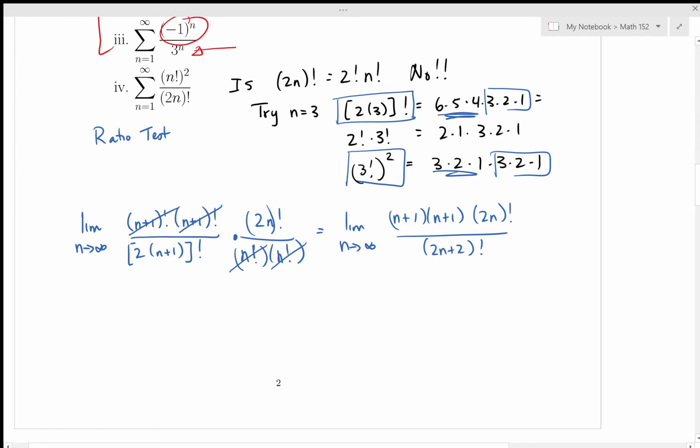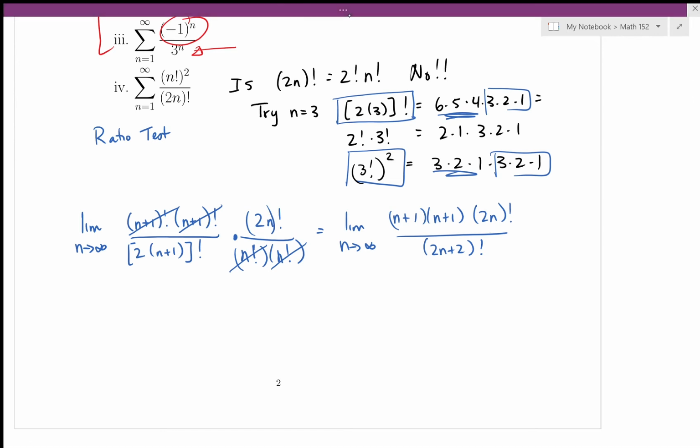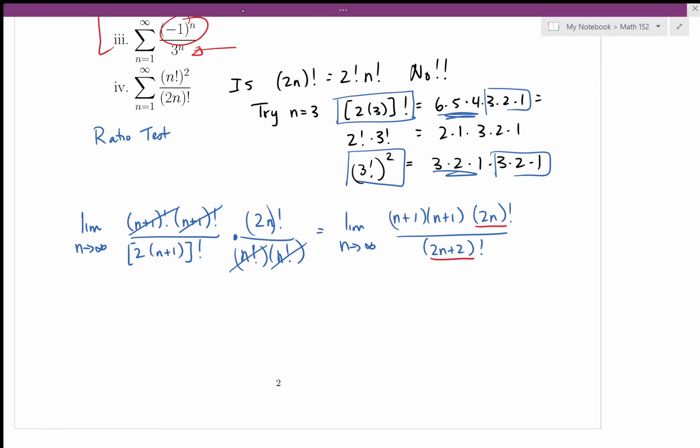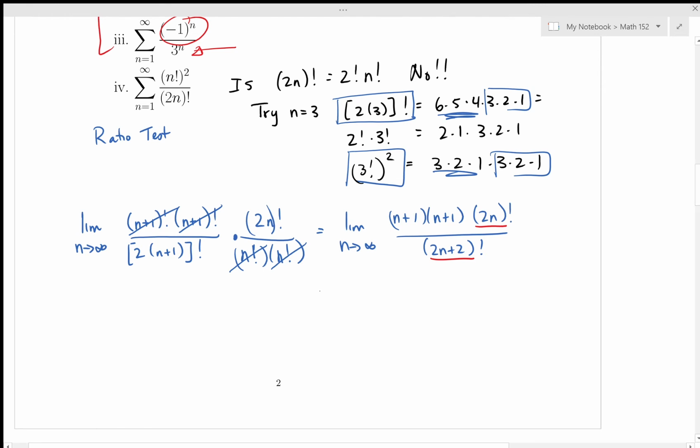What did I do here? I need to be able to get rid of these factorials before I take the limit. So I want some cancellation happening here, and that is going to happen by observing this in this manner.